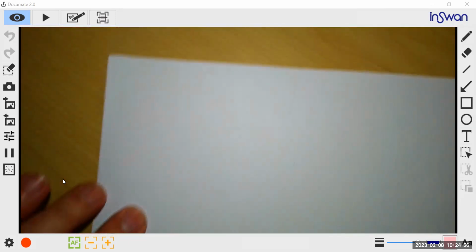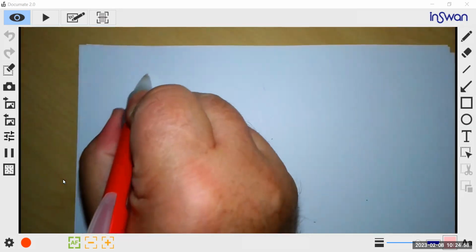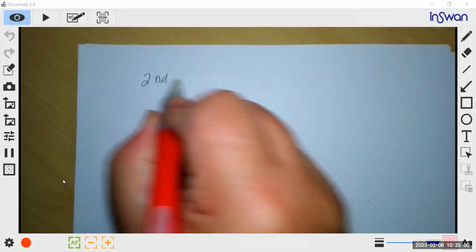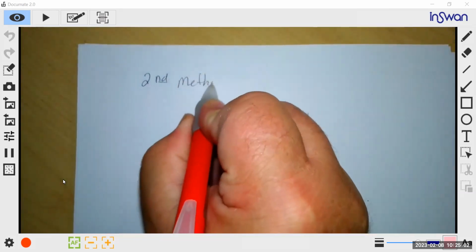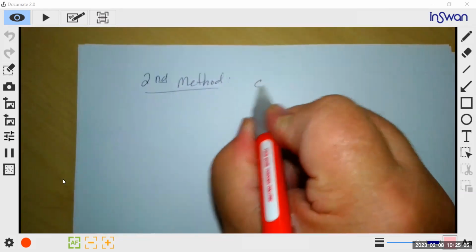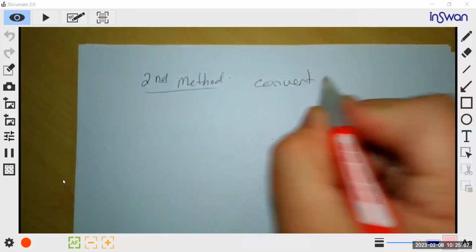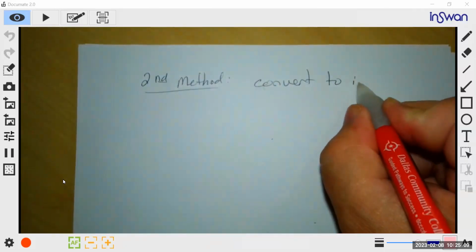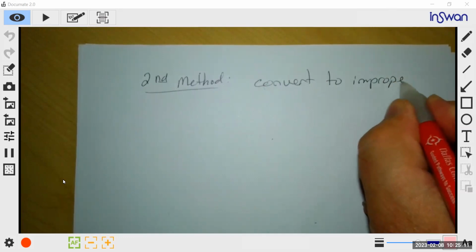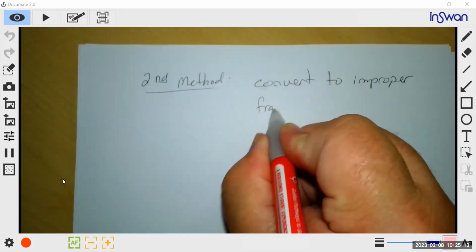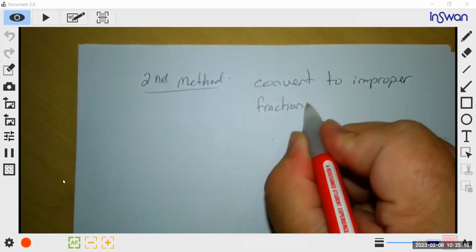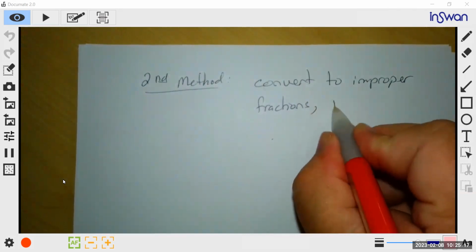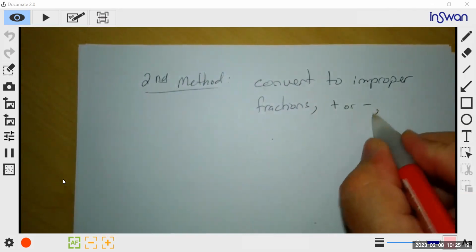The second way: convert to improper fractions. Add or subtract.